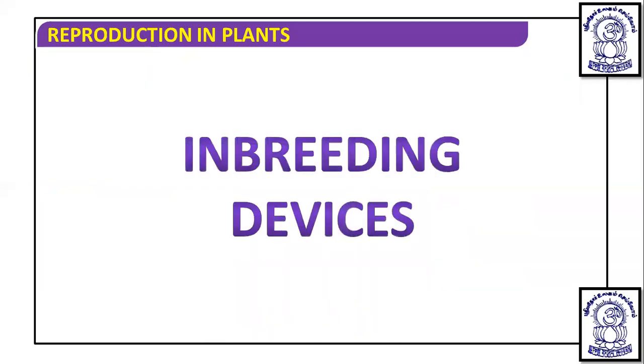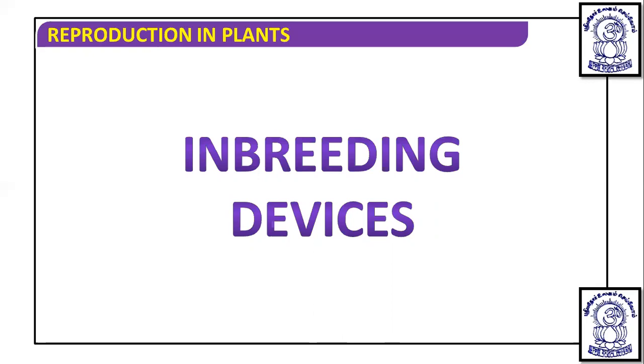Now, we have discussed the types. After studying the types, there are some adaptations that have evolved in nature, in which some favor self-pollination, that is autogamy or geitonogamy, and some favor cross-pollination.